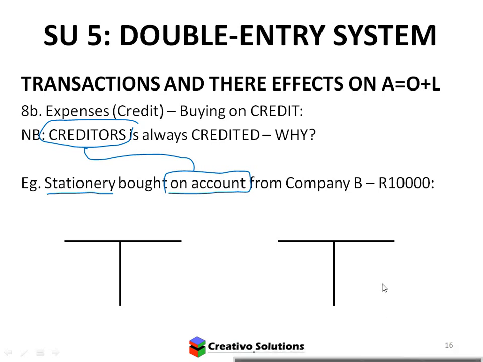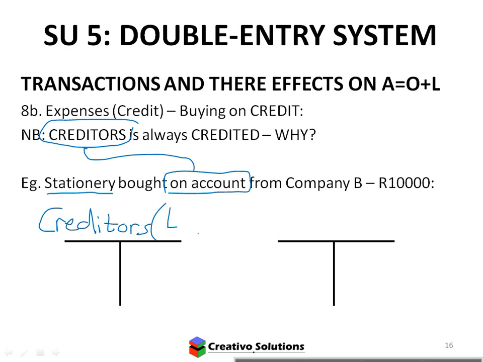Does that make sense? You need to identify what it is. If I have a creditor, I'm owing someone something. That meets the definition of an obligation. An obligation is a liability. So a liability will be affected.